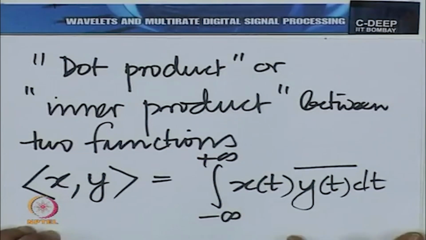Now, of course, it is easy to verify, and I leave that as an exercise to you, the properties of linearity and commutativity and so on. Verify the properties of conjugate commutativity. In other words, if I interchange the order of the arguments, there is a complex conjugation involved. Second, linearity in the first argument.